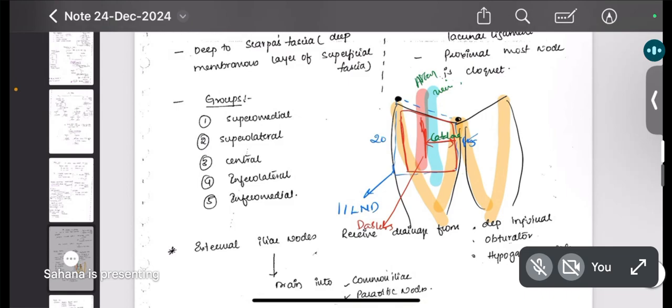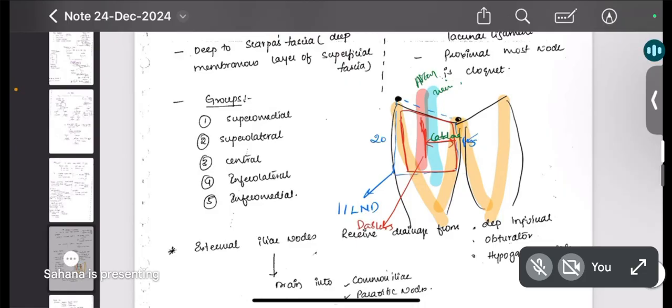Then you will get 4 quadrants, and the central one is 5th. I don't have a pen to show you. Just imagine. So you fix a clock over this. The central is over where the saphenous drains into the femoral vein, and that will be your 5th. Starting from anti-clockwise, it is 1, 2, 3, 4, 5.